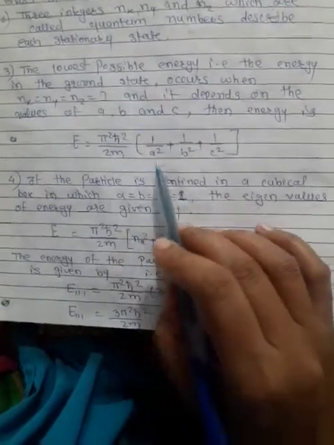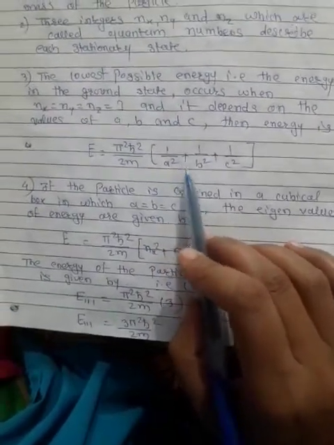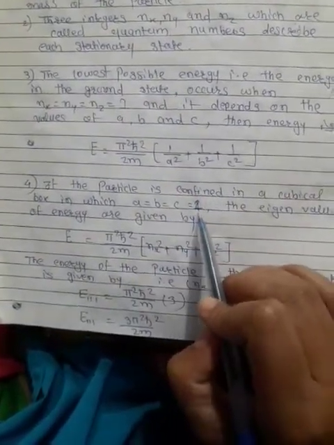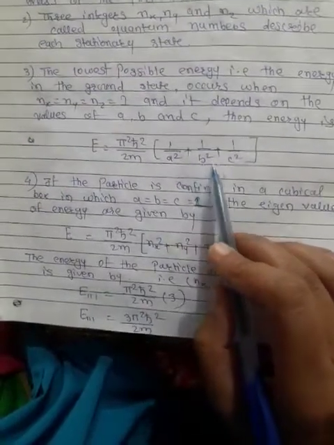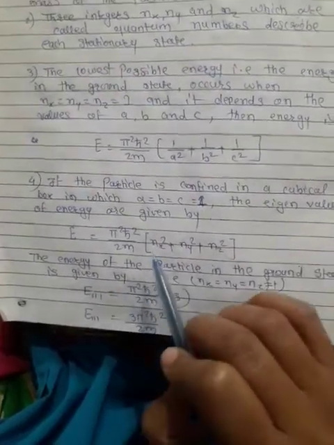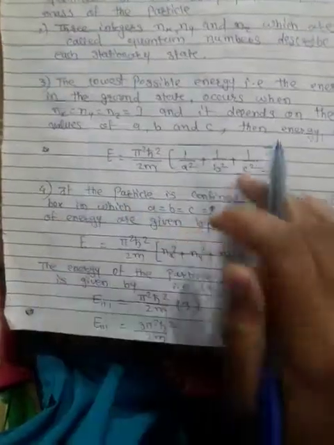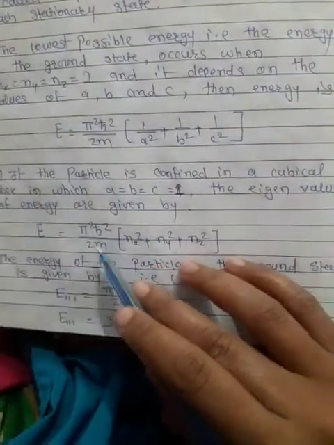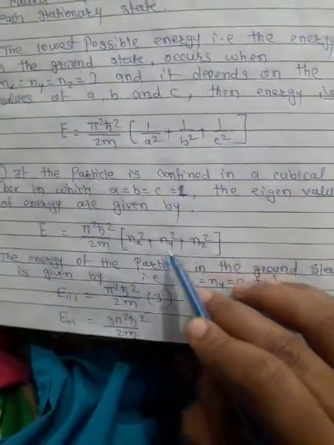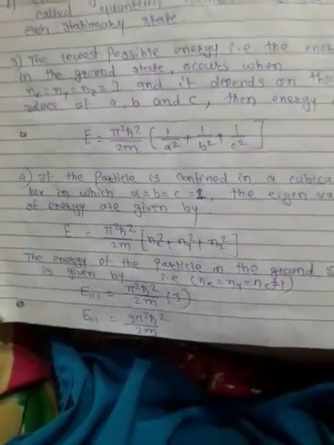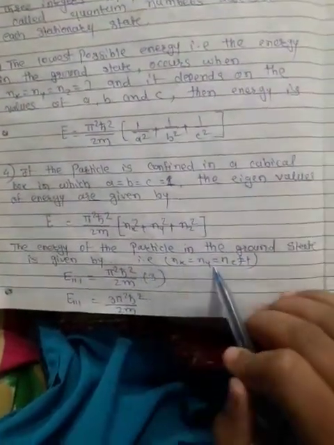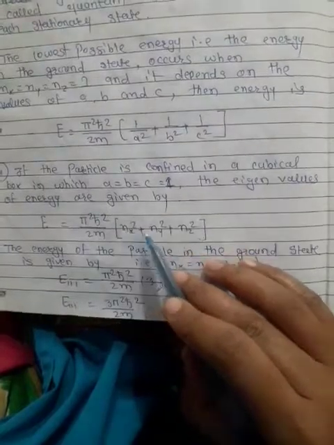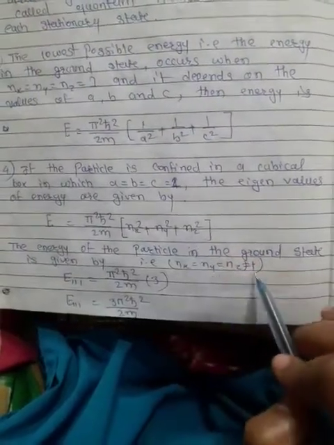after substituting for the cubical box a equal to b equal to c equal to l in the main equation, we get this value: pi square h cross square upon 2m l square, times (nx square plus ny square plus nz square). And for the ground state energy level, we know that nx equal to ny equal to nz equal to 1.